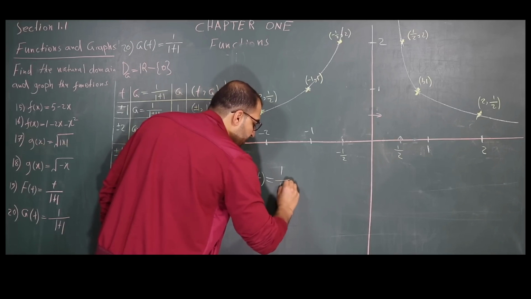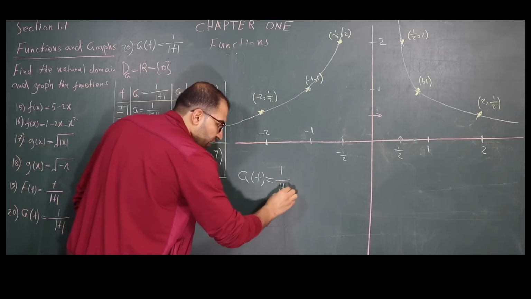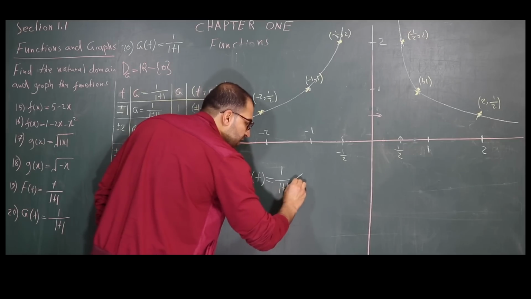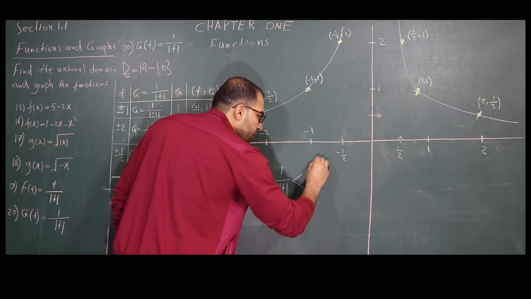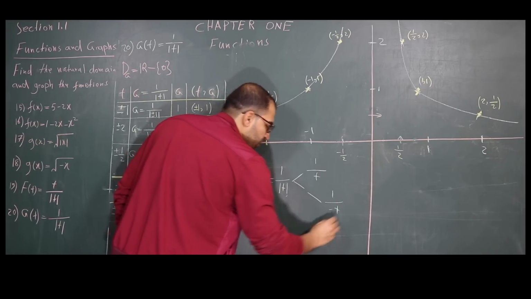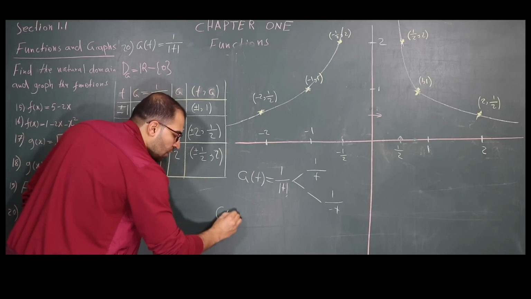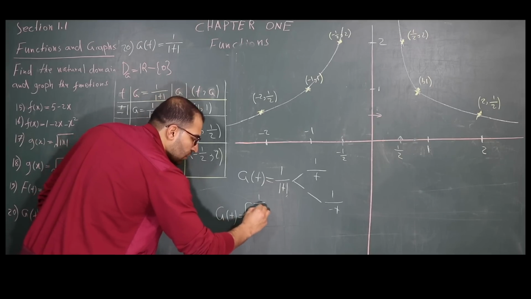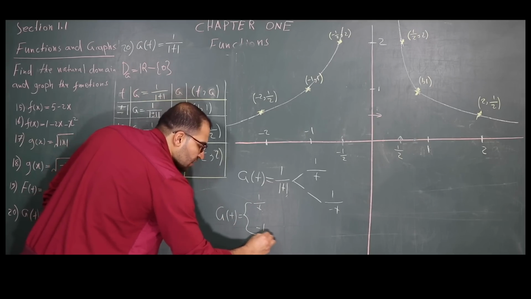1 divided by the absolute value of t. You will know that we will divide this into 2 functions. The first one on t and the second one on minus t. So g of t will divide into two functions. The first one is just 1 on t and the second one is minus 1 on t.